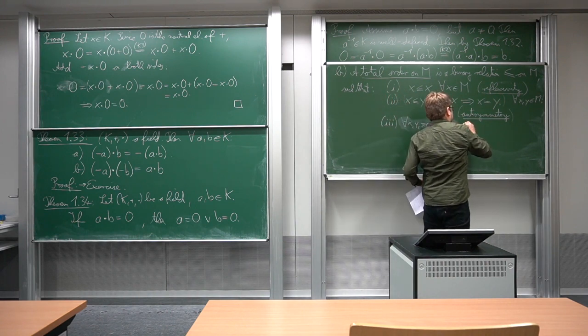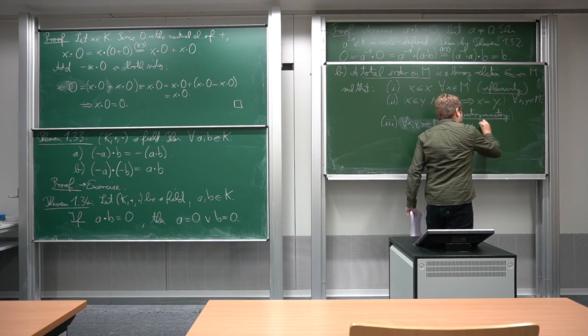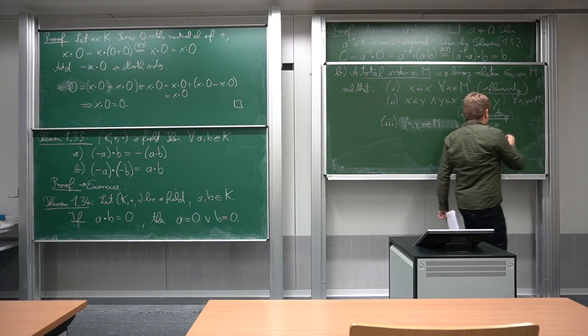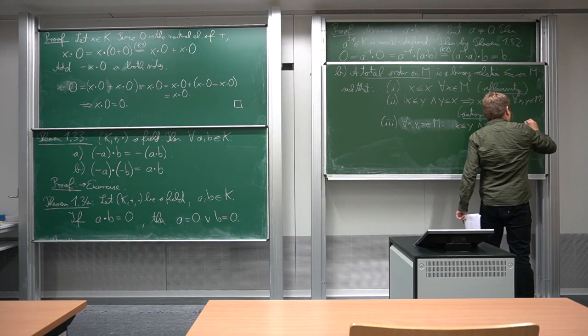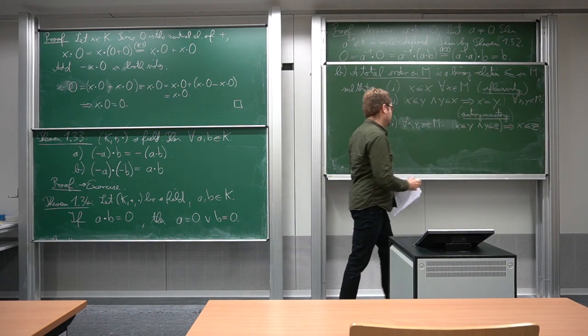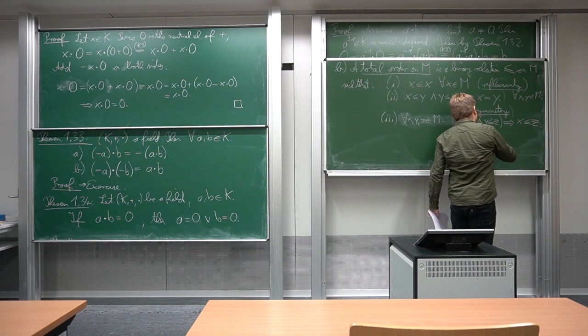If x is smaller than or equal to y, and y is smaller than or equal to z, then we want, and you can now guess what I want, x is smaller than or equal to z. So this transfers here, and this property is called transitivity.